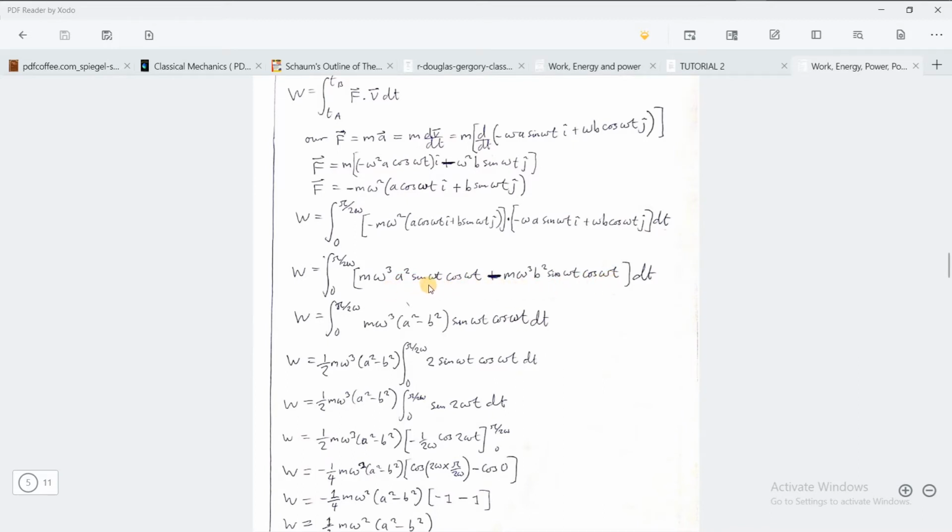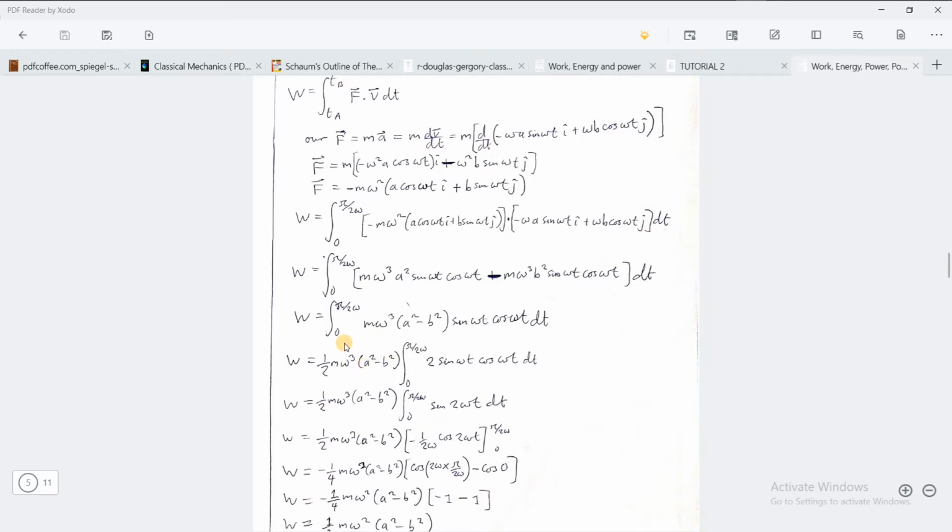We can factor out m omega cubed, since it is common. We remain with a squared minus b squared inside the brackets, times sin omega t cos omega t. And work will be equal to half m omega cubed.